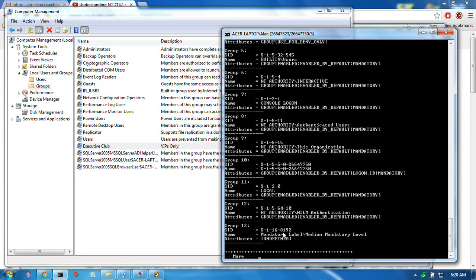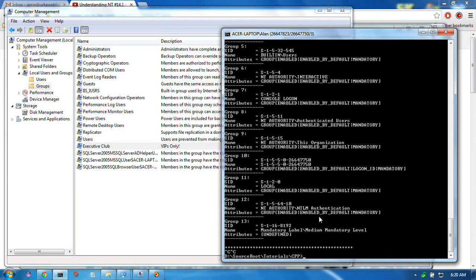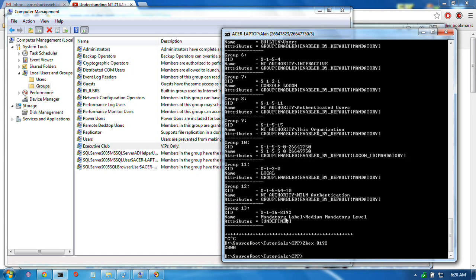And in hex, that number happens to be 2000. And that to me looks more like a flag than anything else.